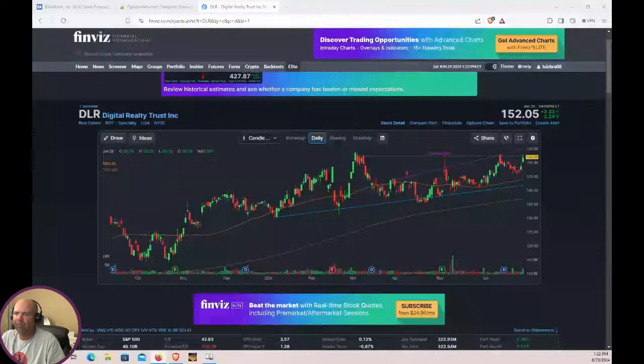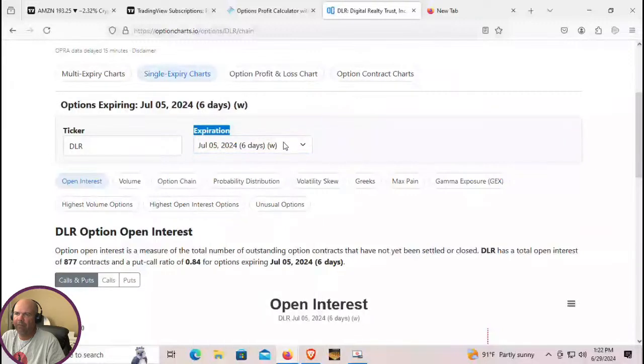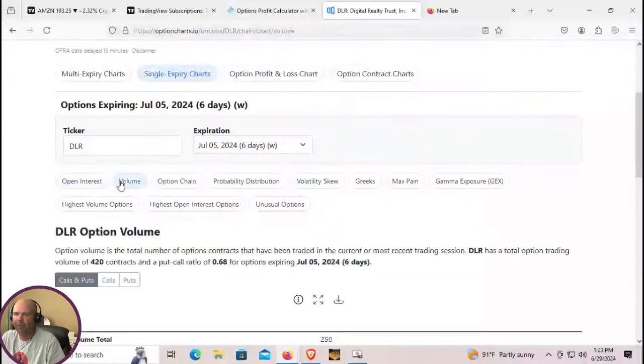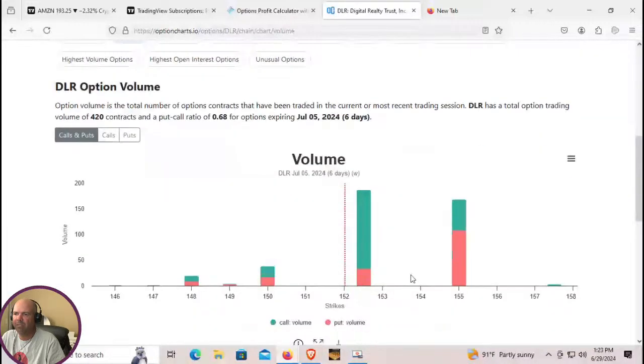We have the July 5th. So this is a weekly contract. On the 5th expiration, open interest 0.84, and the volume is at 0.68. That means it's only 400 contracts.